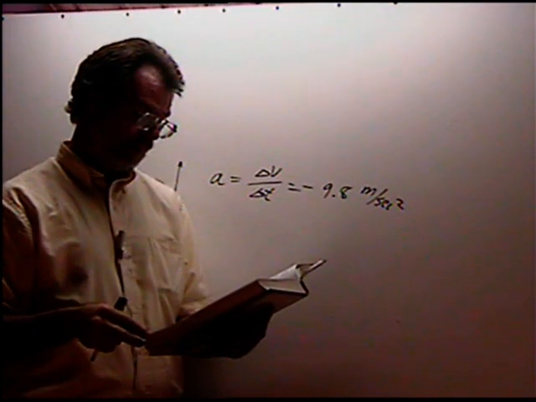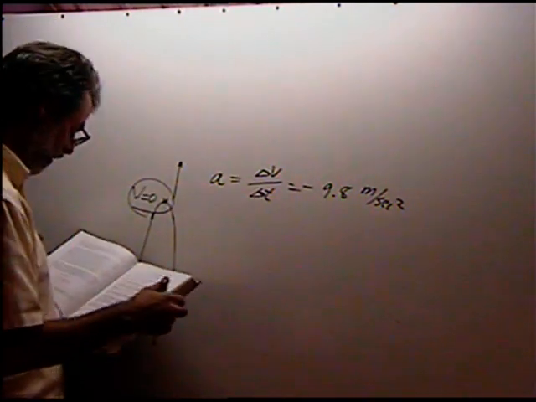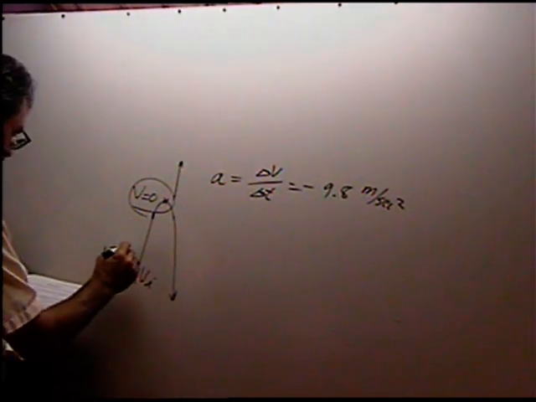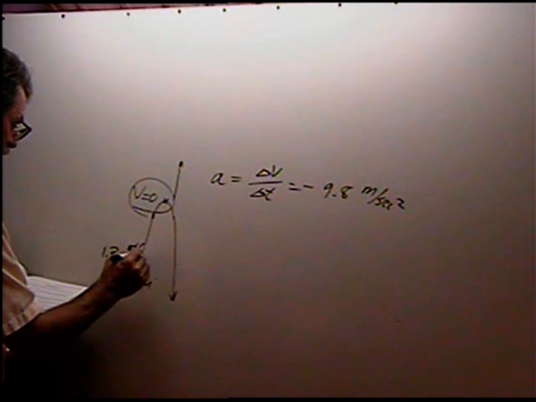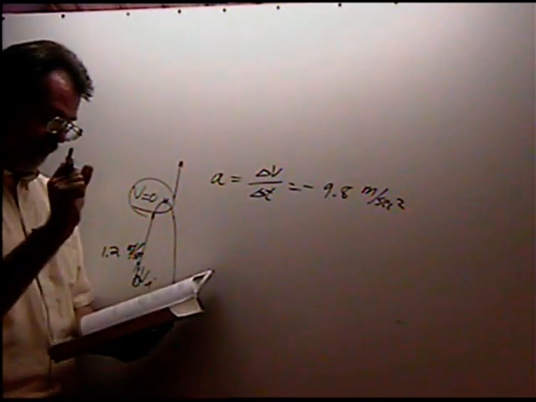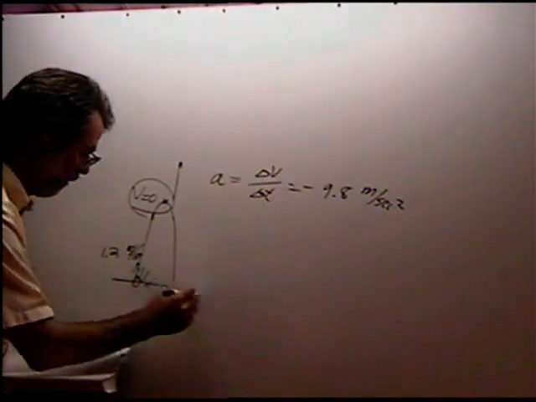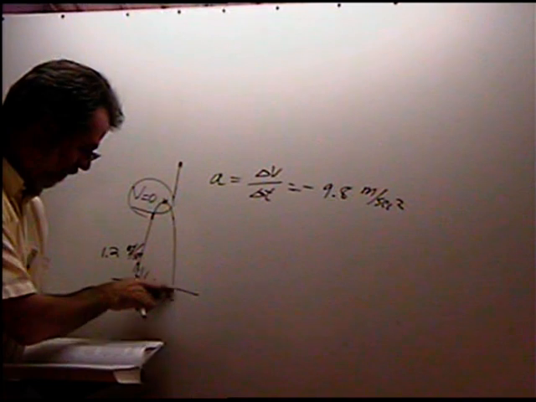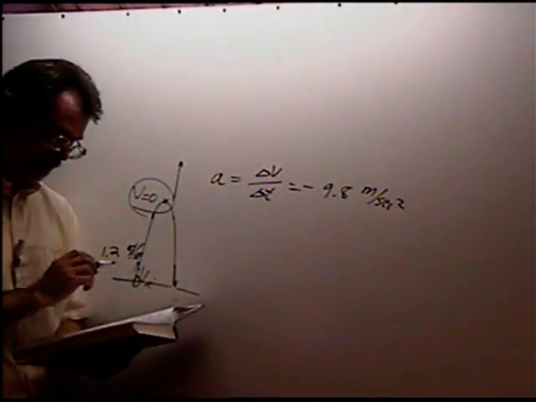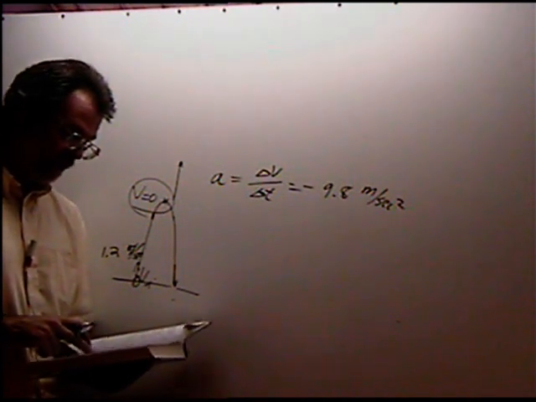Okay, number 9. A ball is thrown up at initial speed of 1.2 meters per second. If the ball is caught exactly at the same height from which it was thrown, which is right here, but it's going down, what would the velocity be?